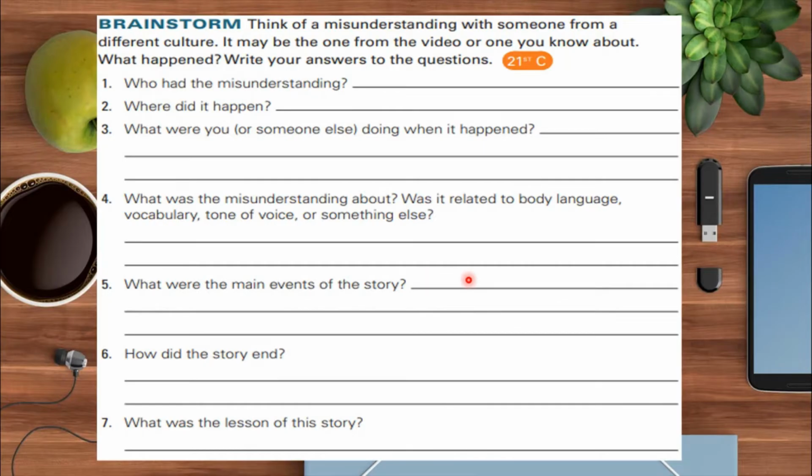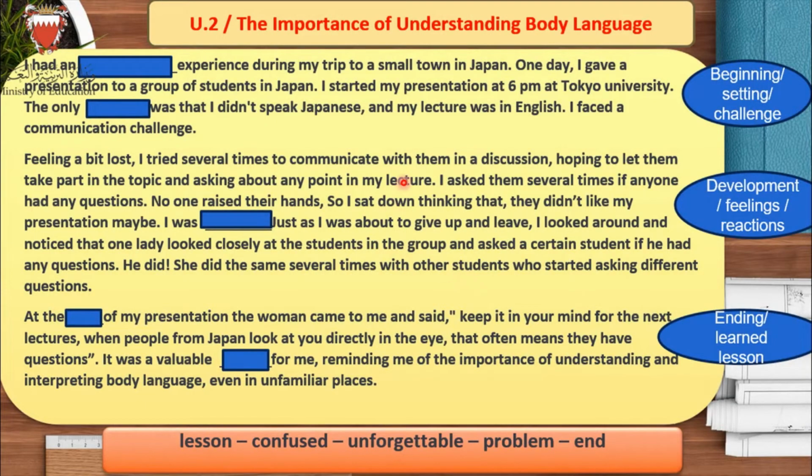Now we can go forward to a model of such kind of stories: the importance of understanding body language. First of all, as you see, our story is composed of 3 paragraphs. The beginning of the story: setting, and challenge also. You have to mention a challenge or a dilemma you have fallen in.